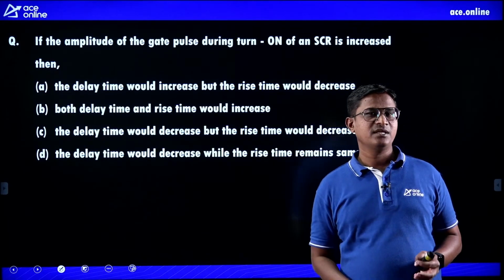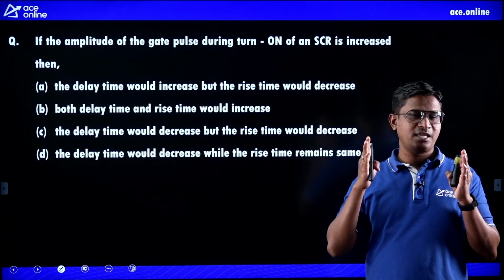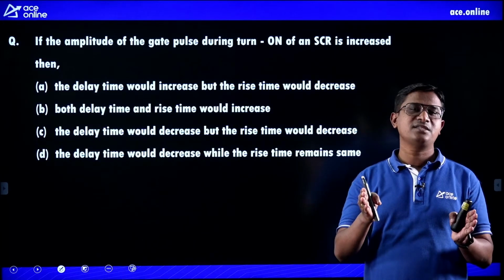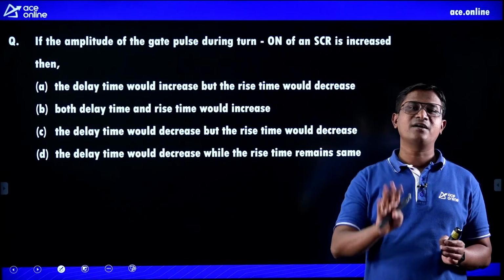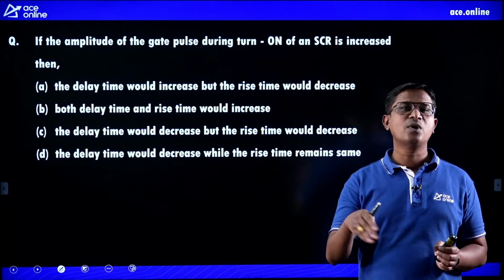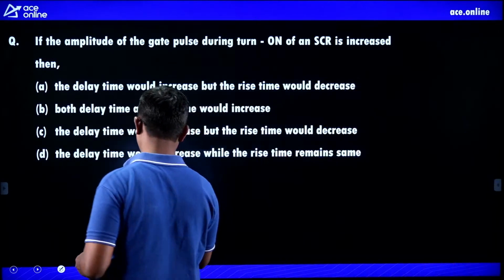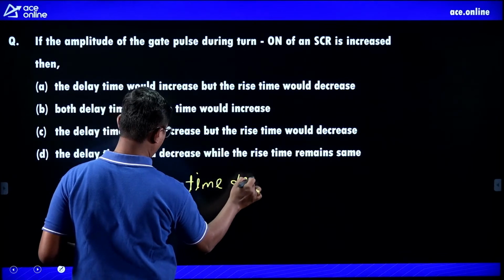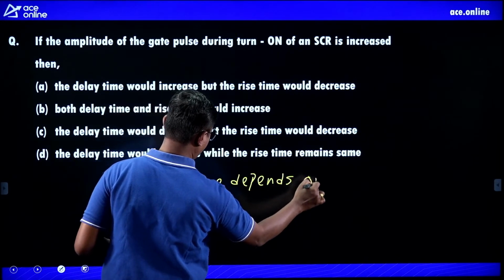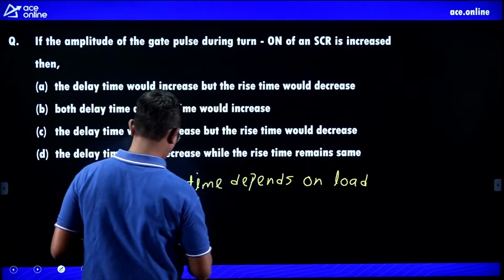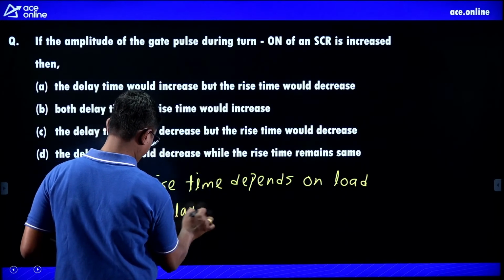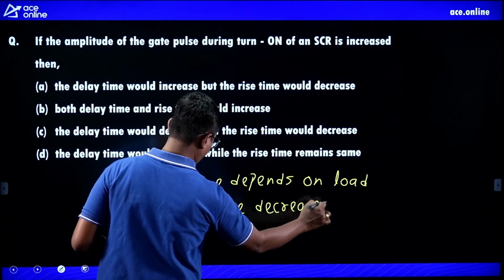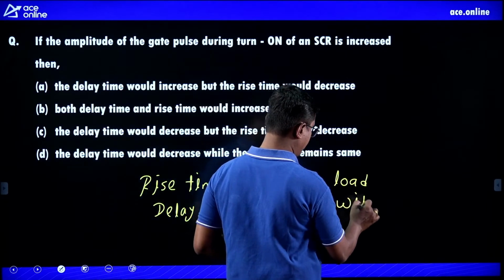Always keep in mind, if the forward voltage is kept constant and while turning on the SCR the gate current is increased, then delay time decreases, but the rise time will not be affected, because the rise time depends on your load. I am writing here, rise time depends on load, and delay time decreases with the increase in gate current.